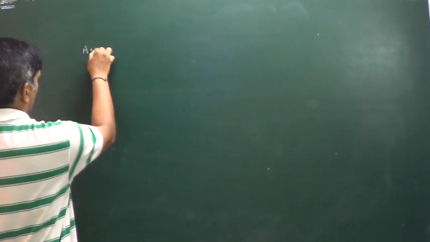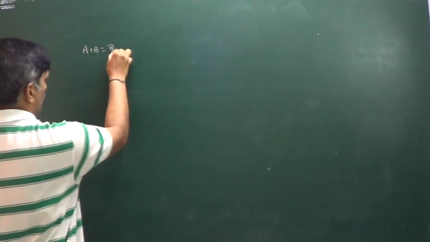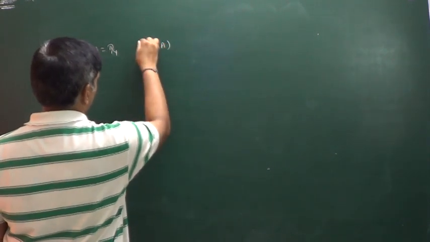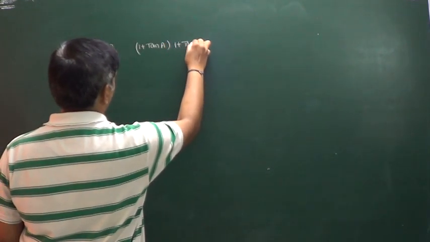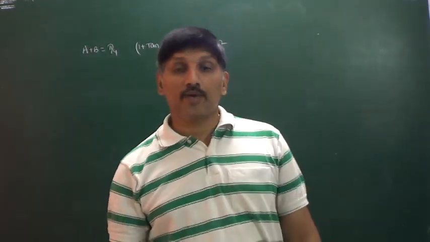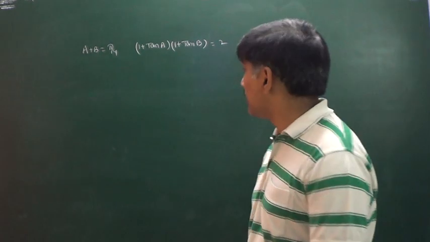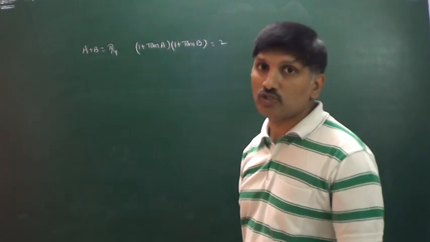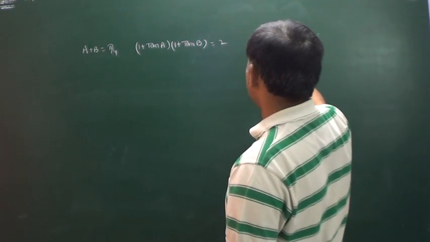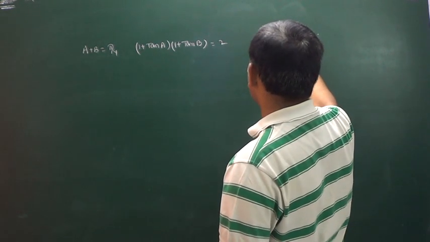So now check here, this one we discussed. Now I am going to discuss one problem. If A plus B is equal to pi by 4, then prove that 1 plus tan A into 1 plus tan B is equal to 2, and hence find the value of tan 22.5 degrees.